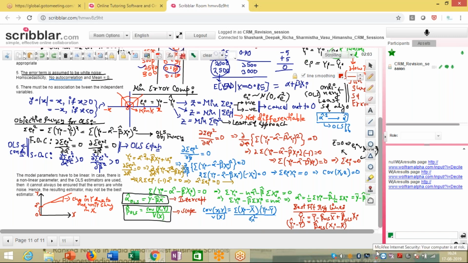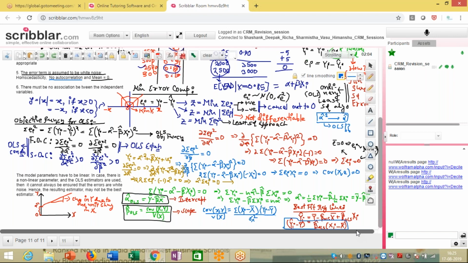So this is the deviation form of the regression line. So your objective finally is to reach this line. Right? So this becomes your best fit regression line.